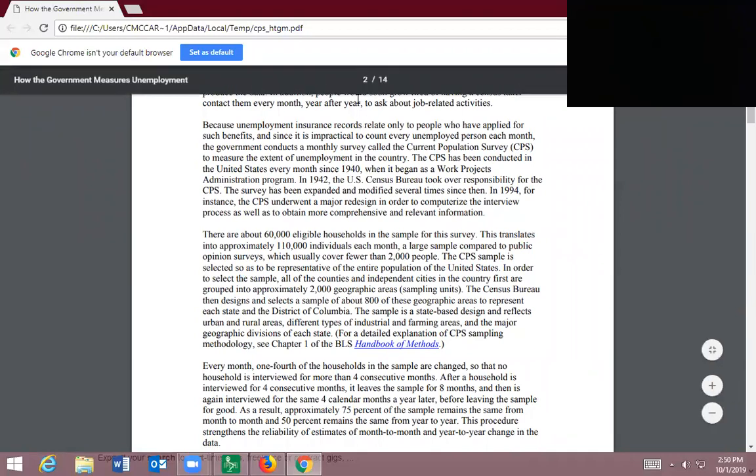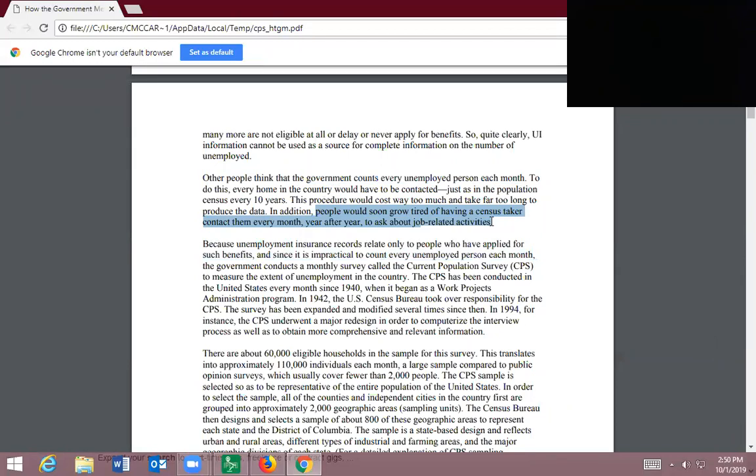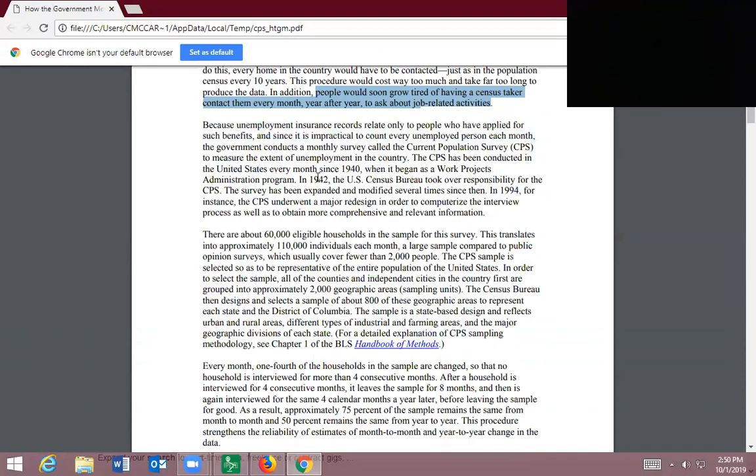And also, think about if a census worker called you every month to ask, are you employed? You'd just start screening their calls. So they take a sample. They use 60,000 eligible households, approximately 110,000 individuals. Why is that? Because every household on average is like 2.5 people.